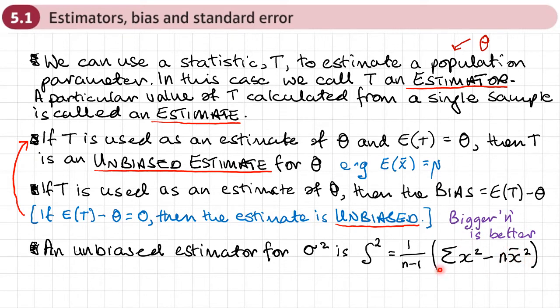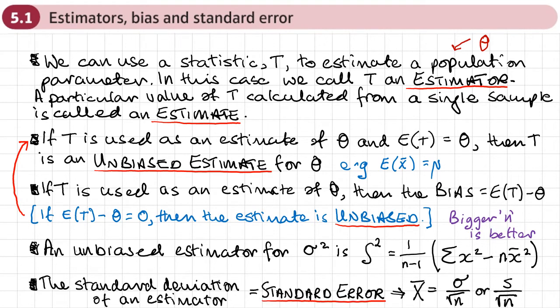Now, there are different forms of this formula. This one is probably the easiest one to use, and when we've got bigger n, it's going to give us a better estimate for our population variance. So bigger n is better.